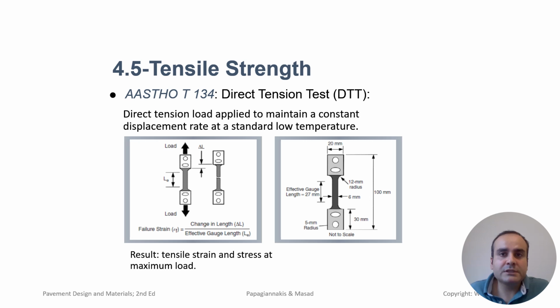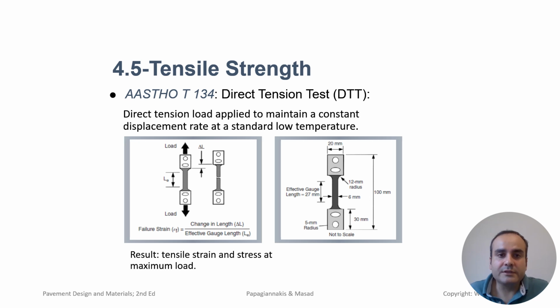Tensile strength measures the maximum stress that the asphalt binder can withstand in tension before failing or breaking. This property is essential for understanding how well the binder can resist cracking, especially at low temperatures where the pavement experiences thermal contraction. The direct tension test is used to measure the binder's tensile strength and failure strain at low temperatures.